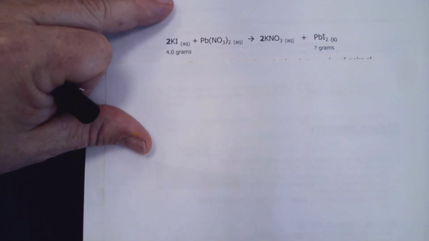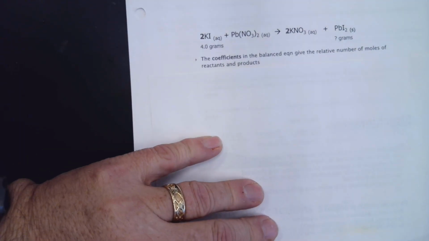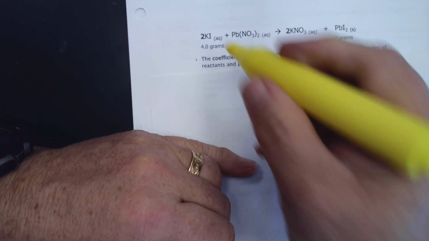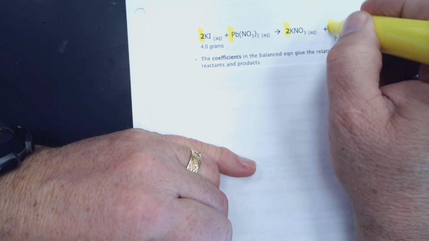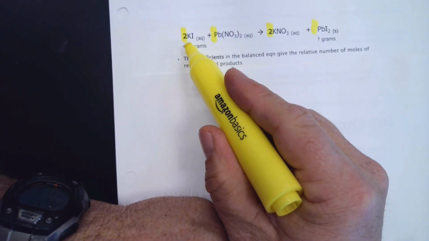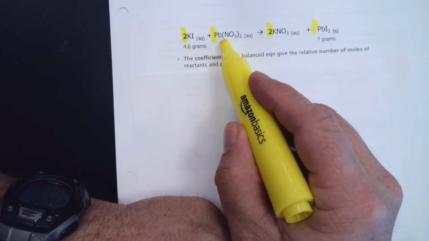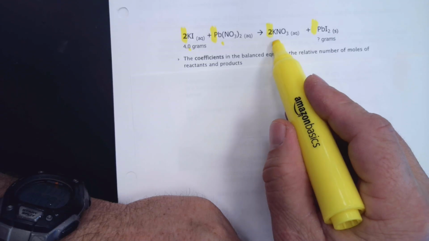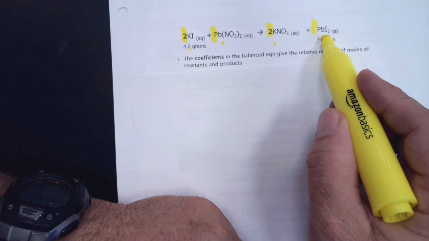So I just have this equation back at the top here in the notes. And notice these coefficients in front, again, those are our ratios that we use to figure out. We're saying it takes 2 of these, 1 of these, 2 moles of potassium iodine, 1 mole of lead nitrate, and we'll make 2 moles of potassium nitrate and 1 mole of lead iodine.